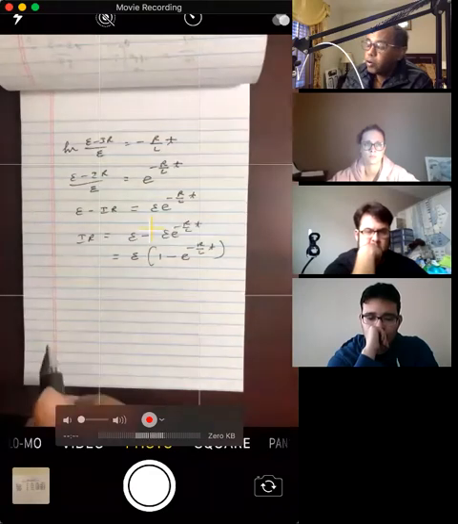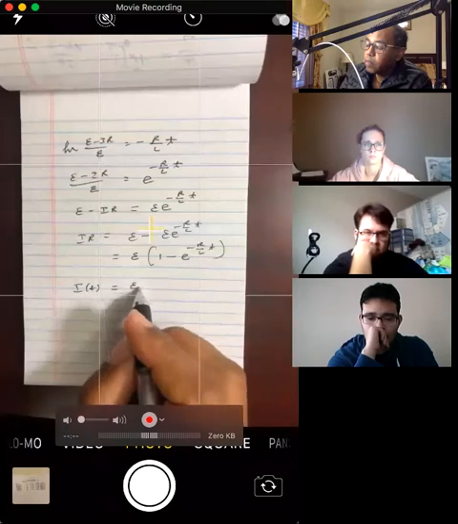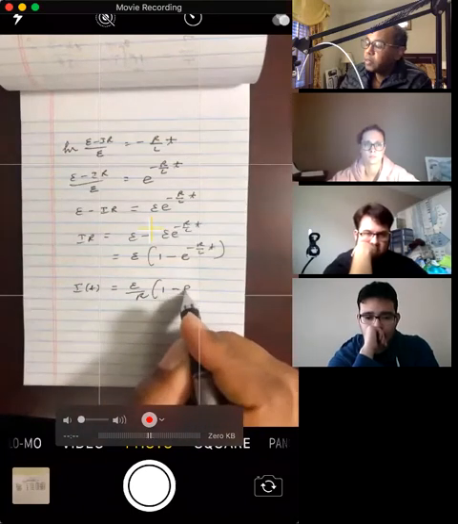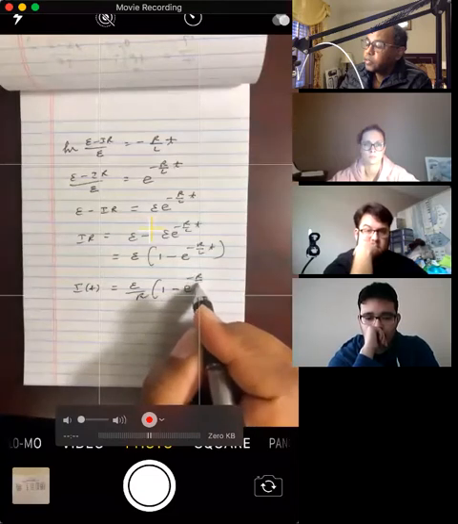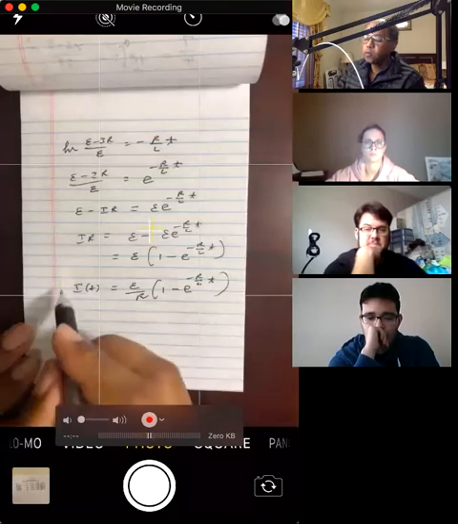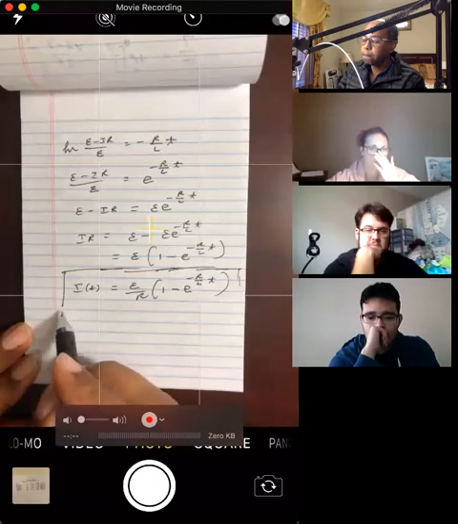And we divide by R, so the current as a function of time is EMF divided by the resistance, times 1 minus e to the negative resistance divided by inductance times time. So this is how the current varies as a function of time.